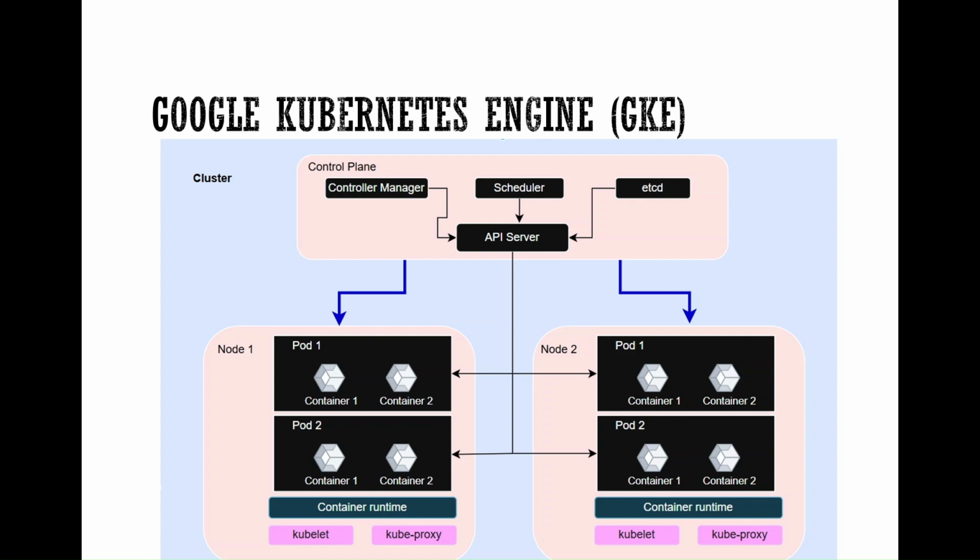It also reports back to the API server about the pod status and the status of the node, like how it's running, so that the control plane can decide accordingly. So that's the important part of the node, the kubelet.